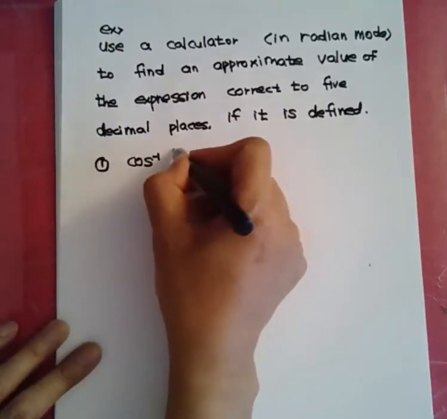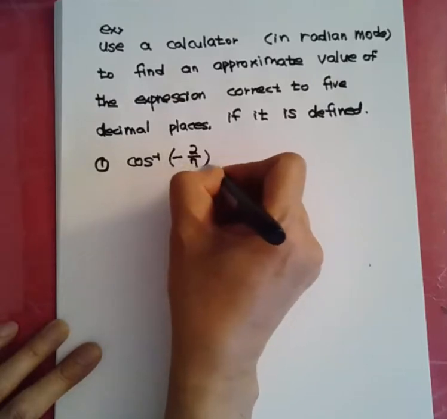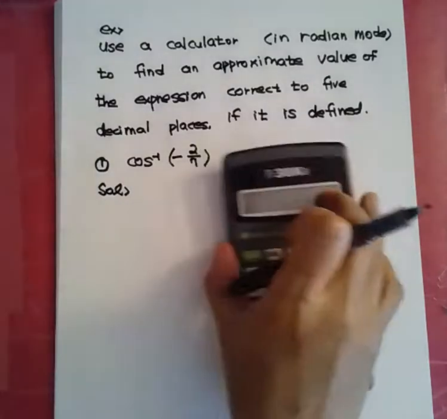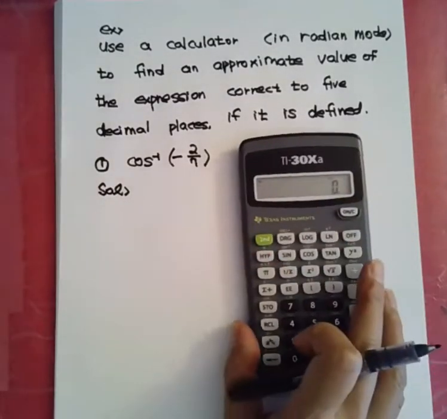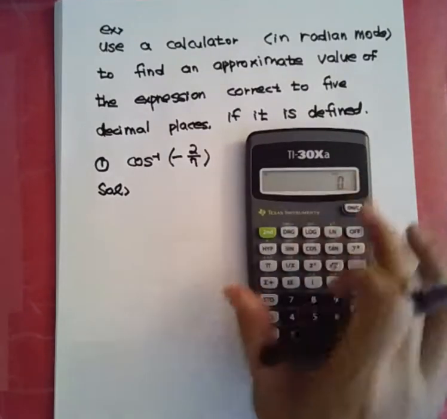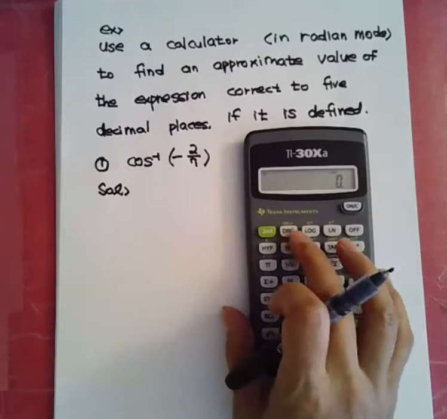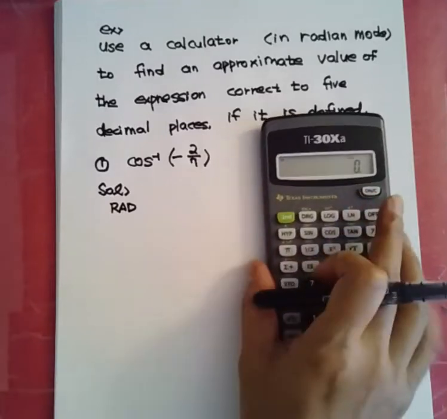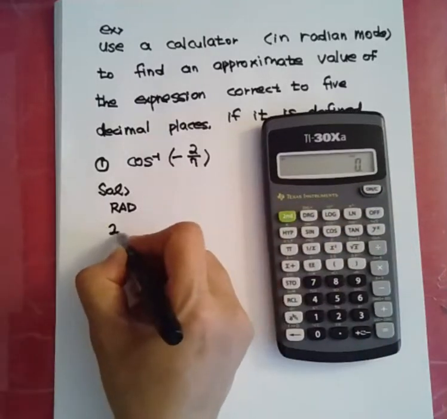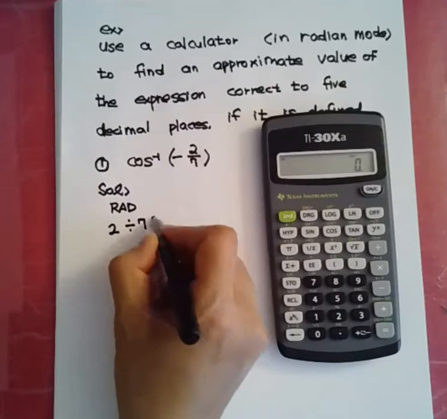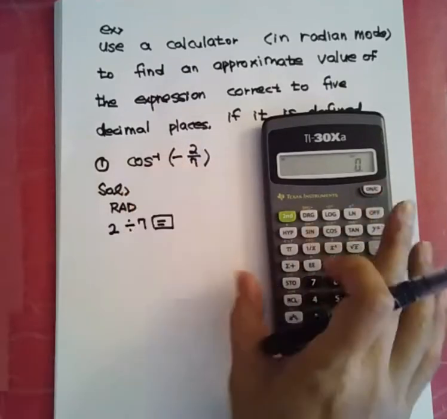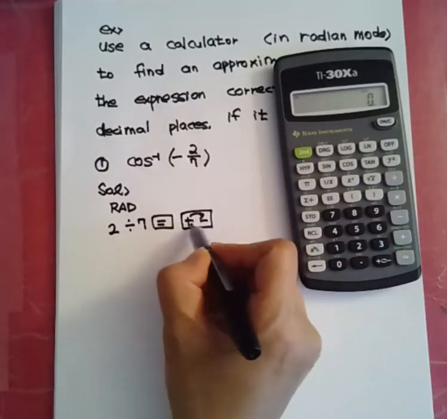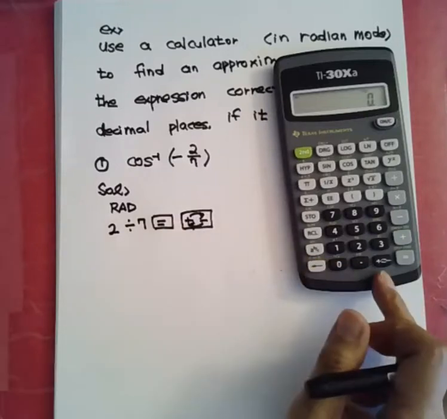Cosine inverse of minus 2 over 7. Make sure that that is in the radian mode. Otherwise, you have to use the RAD button to change the mode. So radian mode. And then we will evaluate this number first. So 2 divided by 7, and then evaluate that number. And then we switch the sign by using the plus or minus button right here.